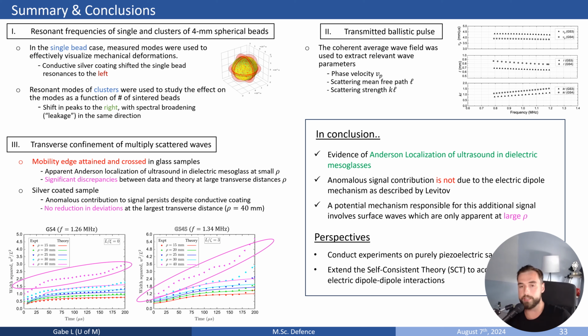We tried to tackle that using a silver coating. However, these anomalous contributions to the signal at the largest rho persist despite the coating, without a reduction in the deviations. In conclusion, we have evidence of Anderson localization of ultrasound in dielectric mesoglasses. The anomalous signal contribution is not due to the electric dipole-dipole mechanism, as described by Levitov.